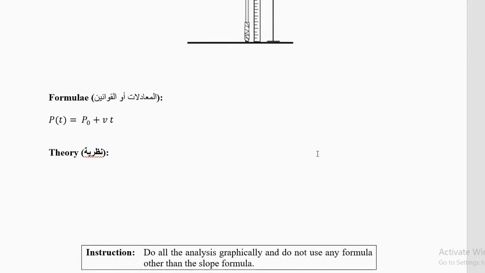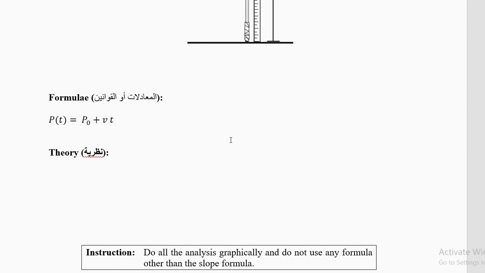Now, in chapter 1 and 2 of your physics, what do you have? Y final equal to Y initial plus velocity into time. X final equal to X initial plus velocity into time when acceleration is zero. Otherwise, you have to put half a t square and other things in the equation. Here we need only the basic equation.